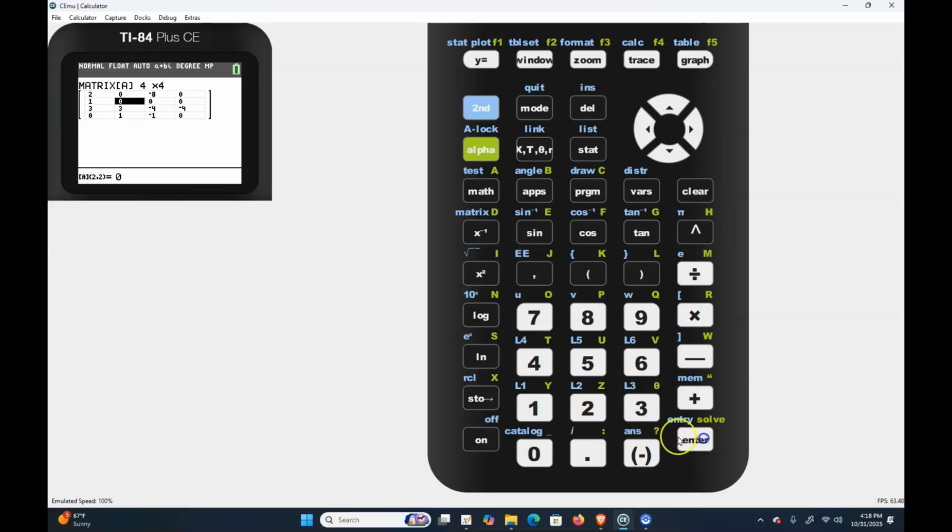Be 1, 0, 0, negative 1, 0, 1, 0, negative 1. Last row is 0, 1, negative 1, and 0.